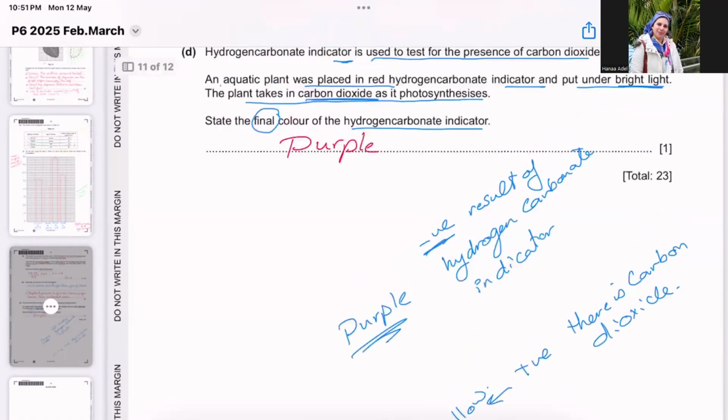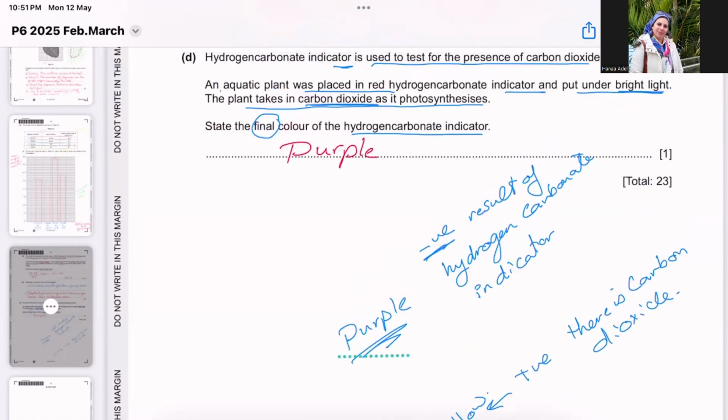But in this question, in an indirect way, after the consumption of carbon dioxide in photosynthesis, they ask about the color of hydrogen carbonate indicator. This means that the negative result, this means that there is no carbon dioxide anymore.